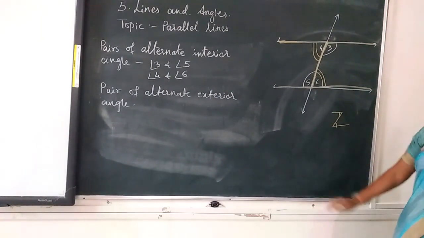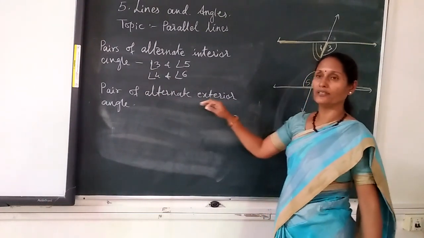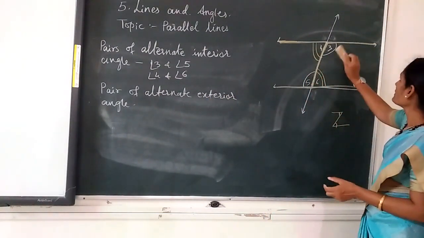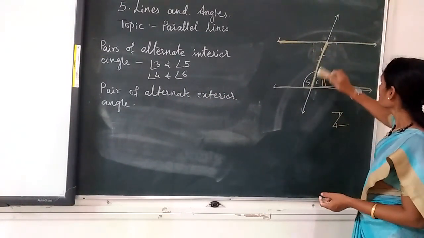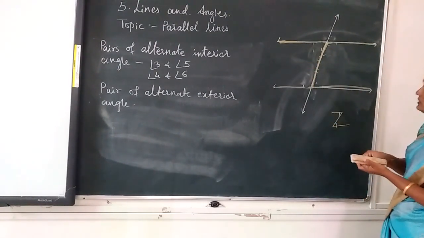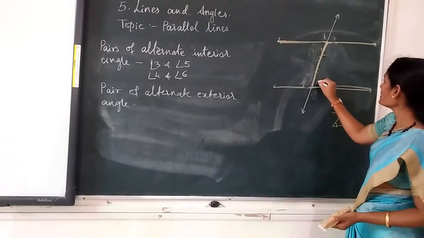Then a pair of alternate exterior angles. The word itself says exterior means outside. So let me rub out these numbers I don't want. Here are our numbers 1, 2, 3, 4, 5, 6, 7.